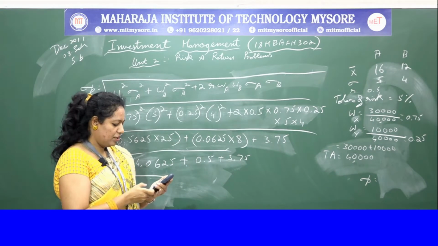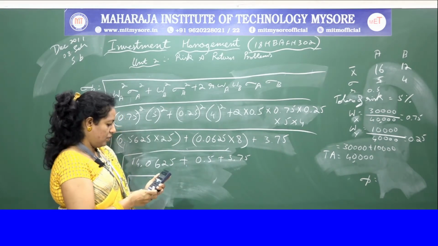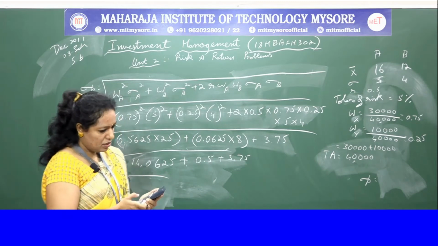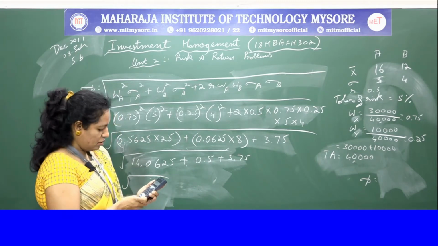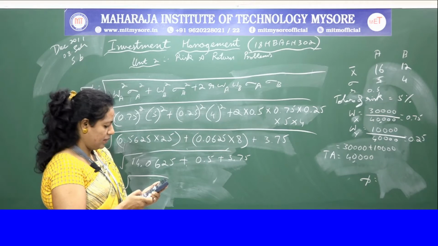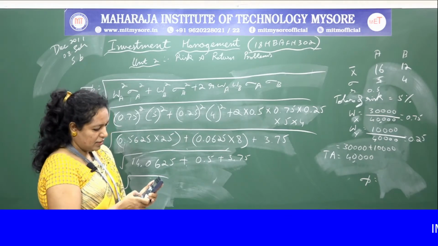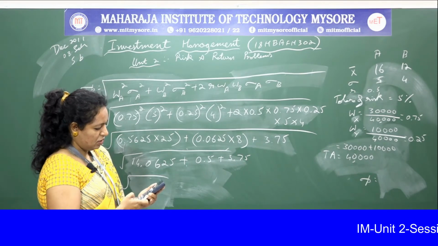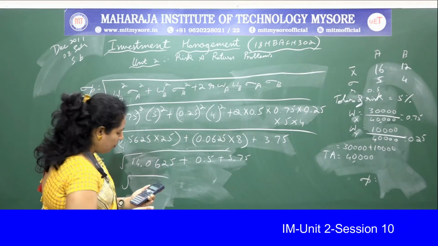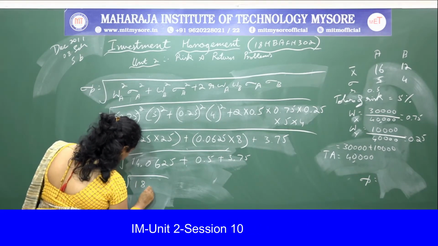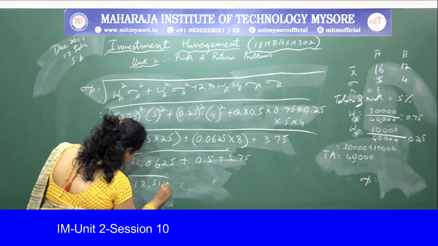We need to add all of those. 14.0625 plus 0.5 plus 3.75, you get 18.3125.